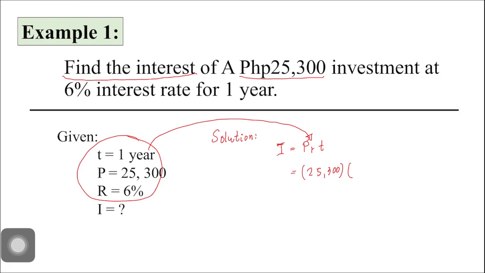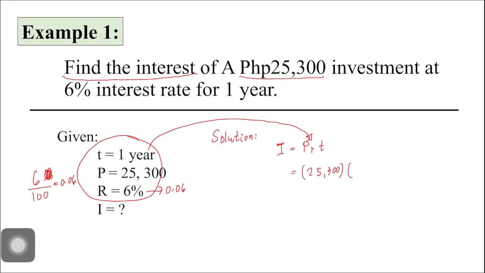Your R is 6%. But you need to first express the 6% into decimal form. How will you express the 6% into decimal form? You just divide that by 100. So that's 0.06.